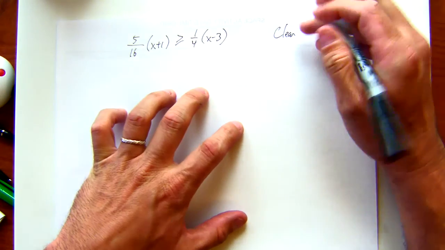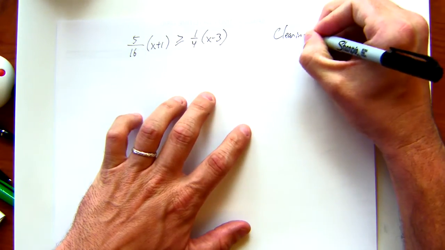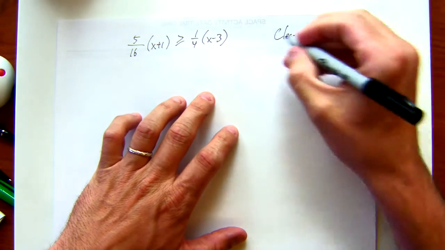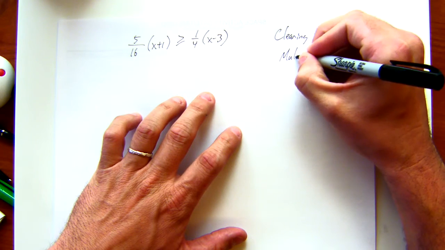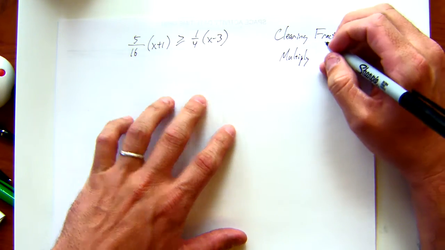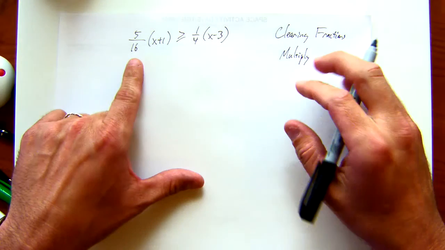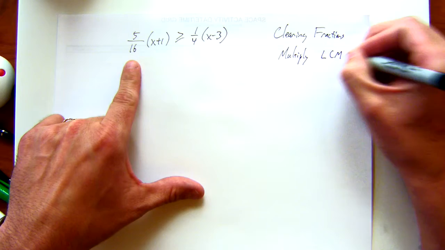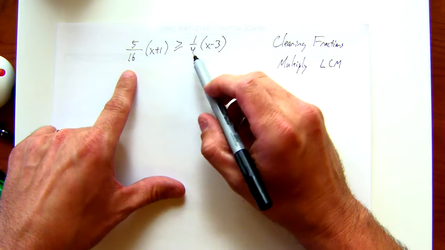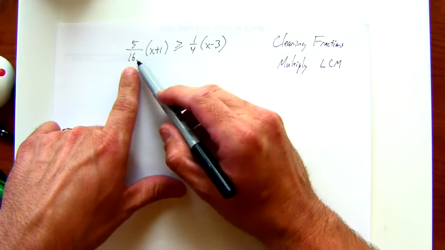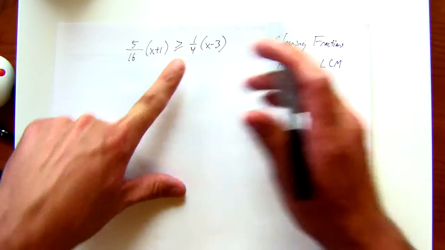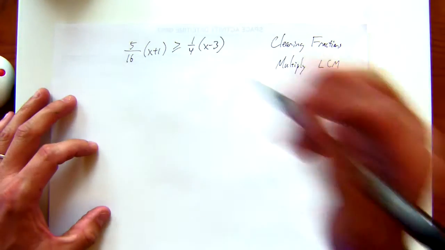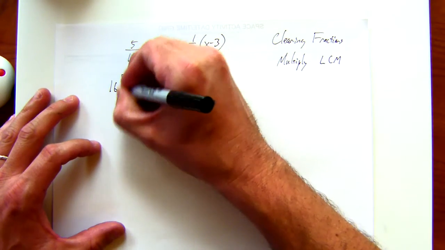We can still use the same technique of clearing fractions for inequalities. We want to multiply by not the least common denominator, but the least common multiple. So what's the smallest number that is a multiple of 16 and also a multiple of 4? 16. So I'm going to multiply the entire inequality by 16.